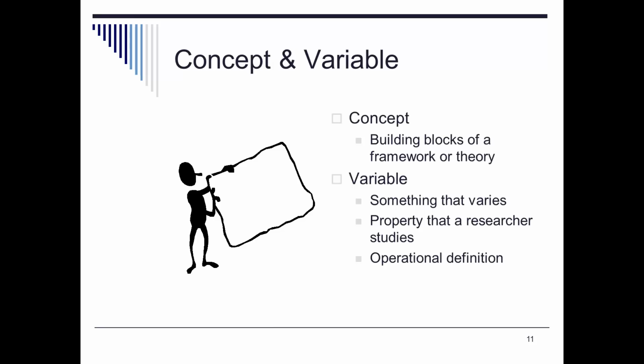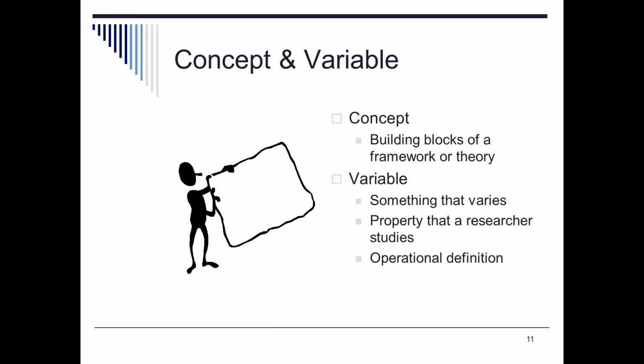So you'll hear people talk about variables. Those are more specific and particularly related to operational definitions. So that's operational definition: how are we actually going to study this? Say we're talking about children and self-esteem. You might operationalize the definition by a particular score.